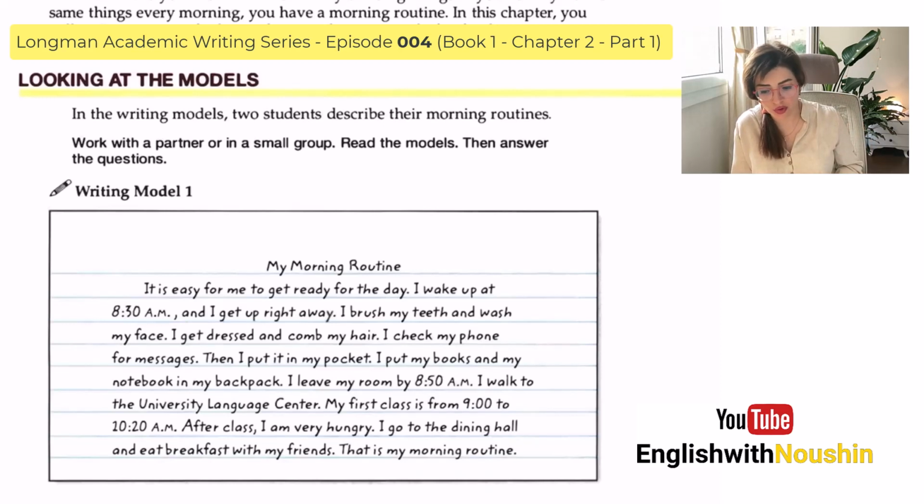So here we've got 2 models. 2 students have described their morning routines. And remember, at the end of the day, we will want to write about our daily routine.